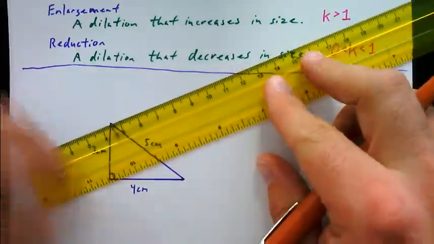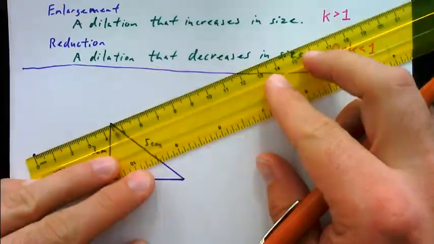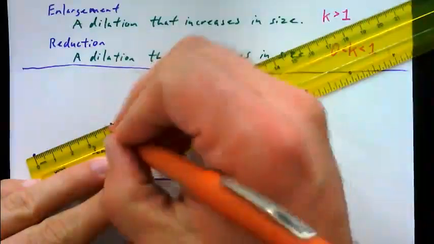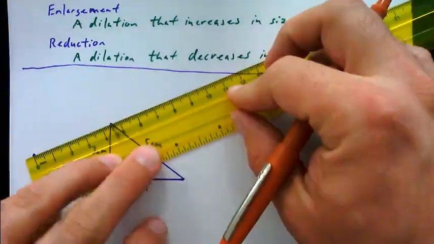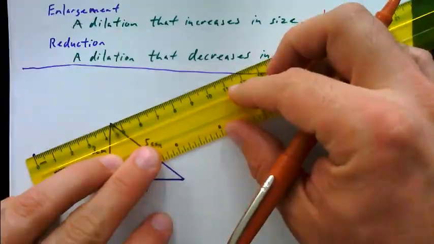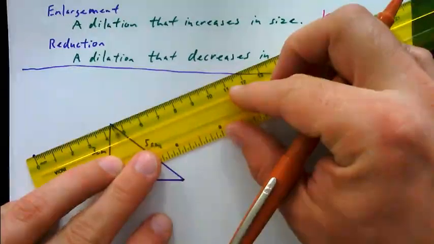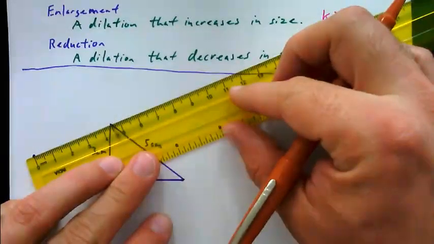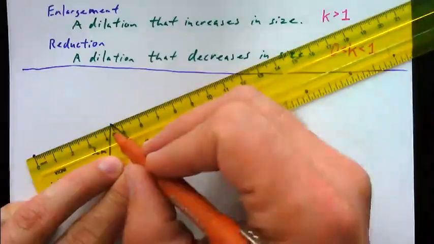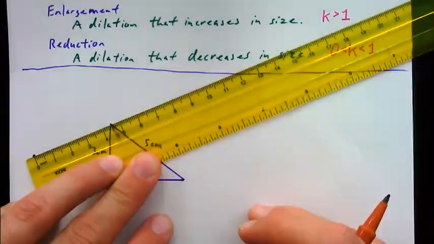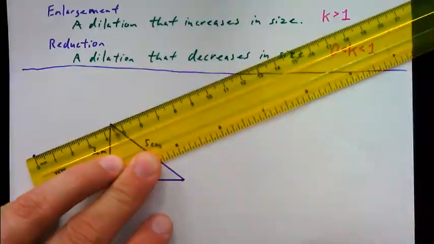I'm going to measure the distance from that point to the top vertex of the triangle. On mine it's roughly 4.5 centimeters. Now, I want to double this triangle in size.